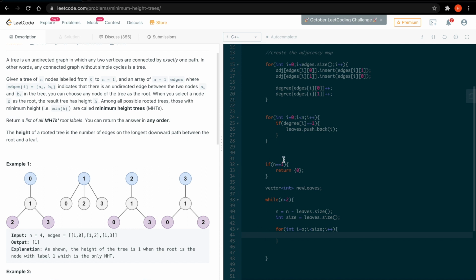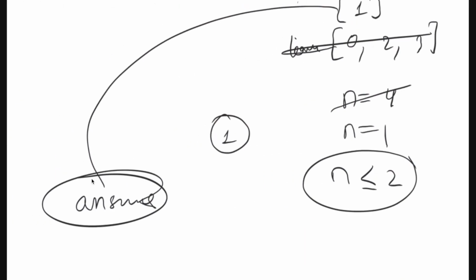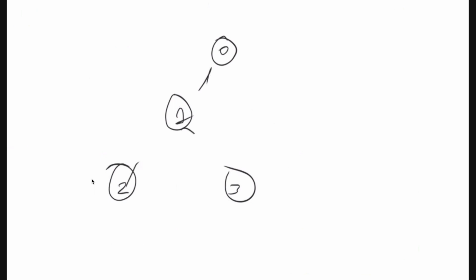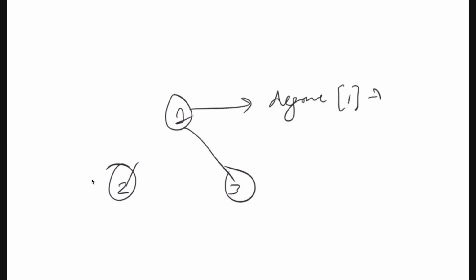So when we delete the leaf from my graph, what would happen is that, suppose we have my graph as such. When we delete 0 from my graph, the degree of 1 would go from 3 to 2.